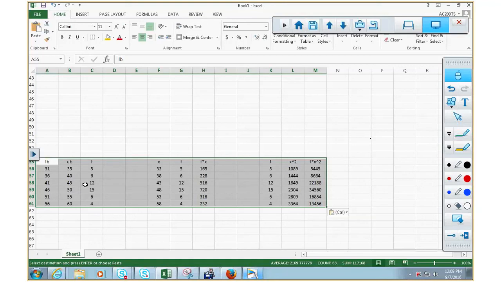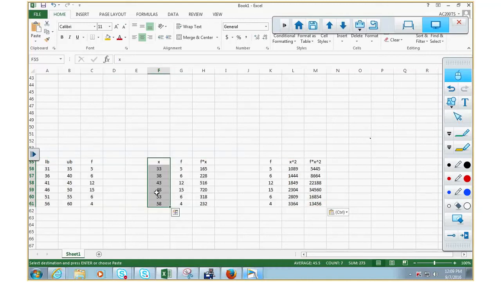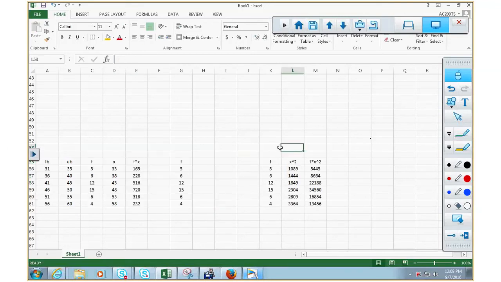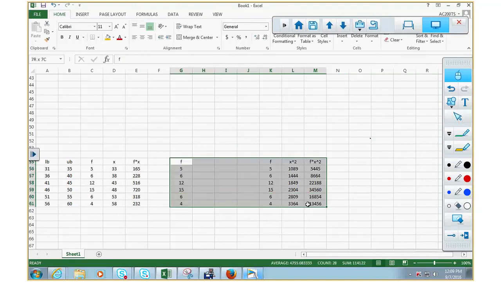Here's your class, there's your f, and you're supposed to put x right here. So you take this, Control X, Control V, and then they say do f times x squared, Control X, Control V, and then start doing your f times x and your f times x squared.